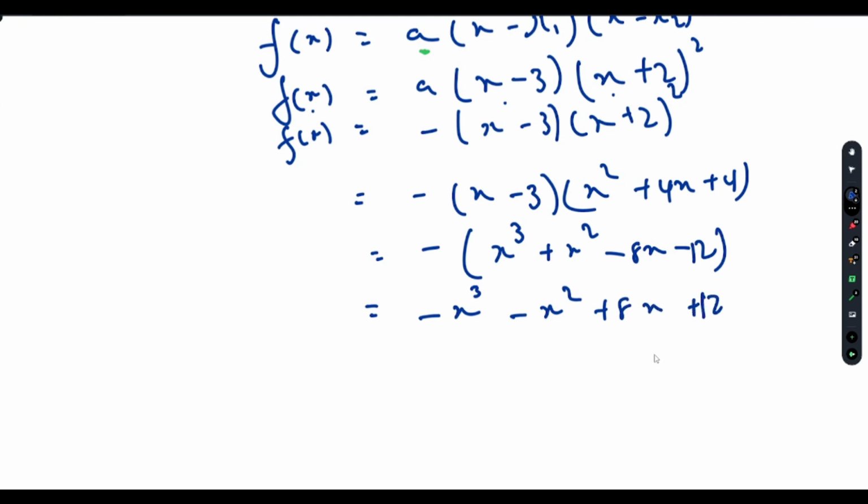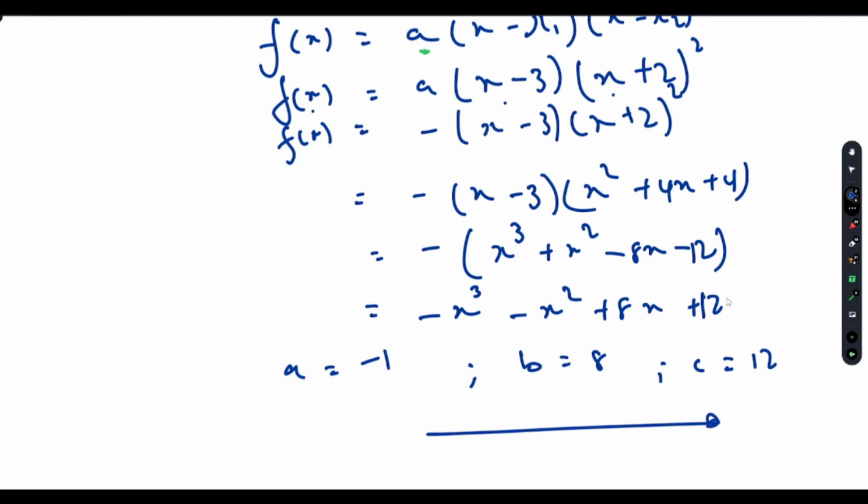So we can see clearly the value of a is negative 1, b is 8, and c is 12. And that is the use of the two formulas for determining the equation of a cubic graph using x-intercepts.